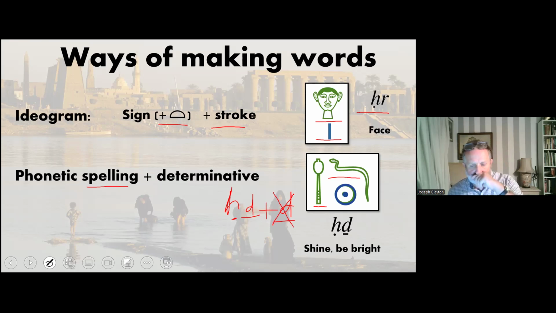So actually hedgy should have an I in brackets there, but anyway, these are the ways of making words. Either you spell it out phonetically and then you put a stroke next to it, or you use an ideogram, which is a sign plus a stroke. So all words will fall into those categories.